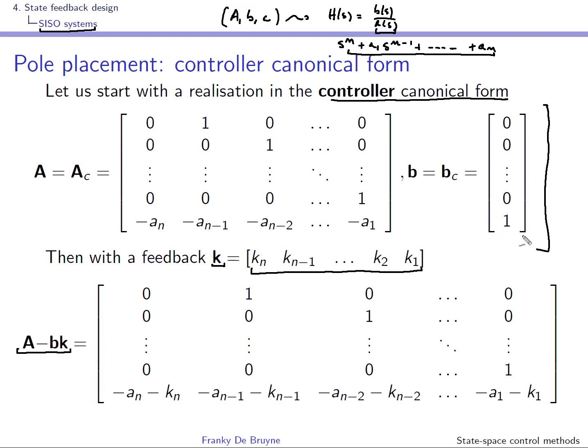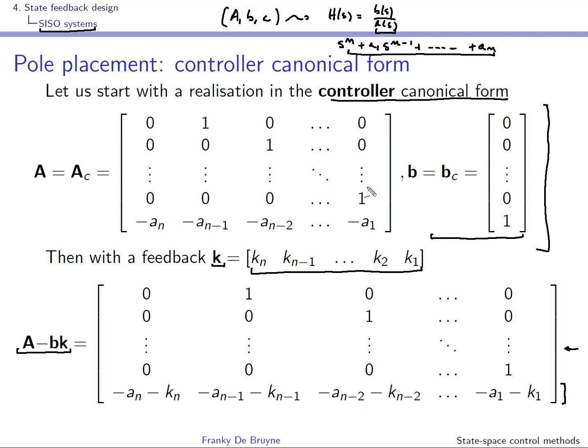But because of the particular structure of B in the controller canonical form, we have zeros everywhere except 1 at the end. Well, this matrix A minus BK becomes this matrix over here, and as you can see, only the last row is changed.